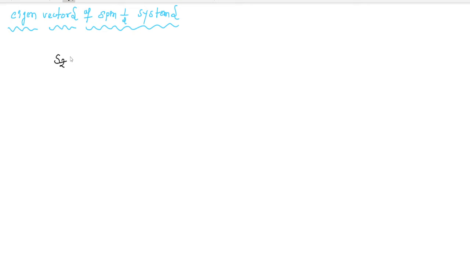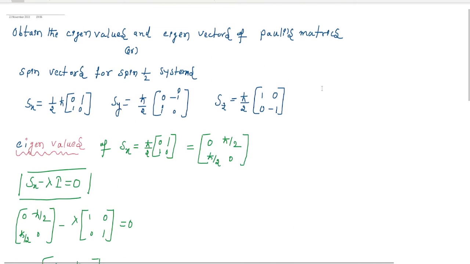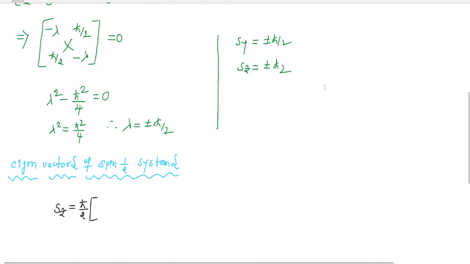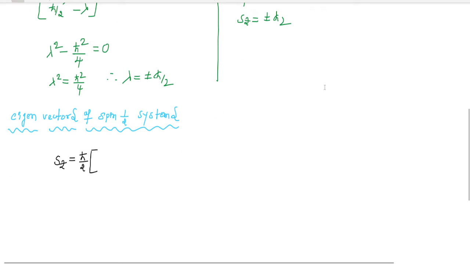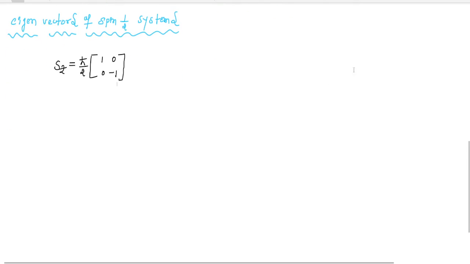Sz equal to h cross divided by 2, 1 0, 0 minus 1. We want to find eigenvectors of this spin-half system.